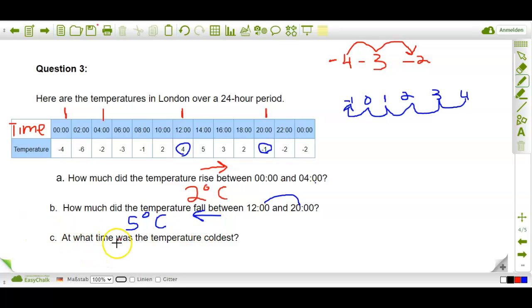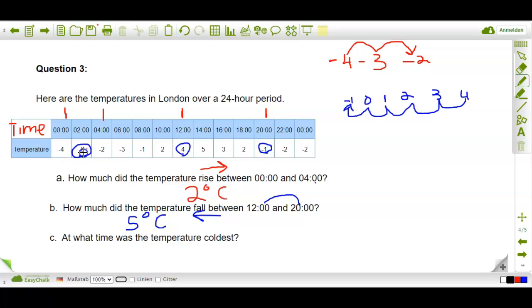Part C, at what time was the temperature the coldest? The coldest temperature would correspond to the lowest number. The lowest of all these numbers for temperature here is -6. So since the lowest number is -6, that's the coldest temperature.